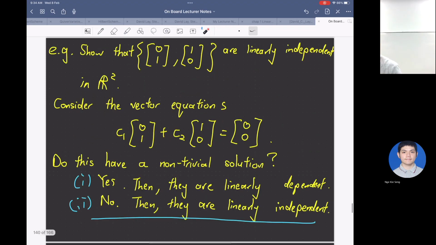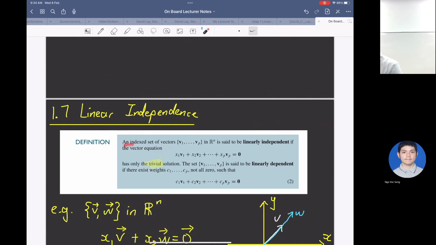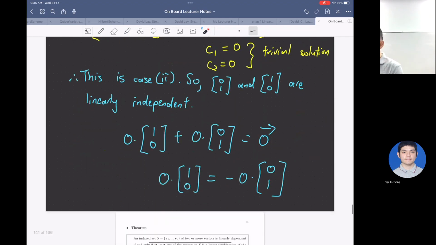That's why the condition here: a set of vectors is said to be linearly independent if the vector equation, when you set the linear combination of the vectors to 0, only has a trivial solution. Because no matter how you arrange the equation, there's no non-trivial relation between them. The only relation you put is 0.